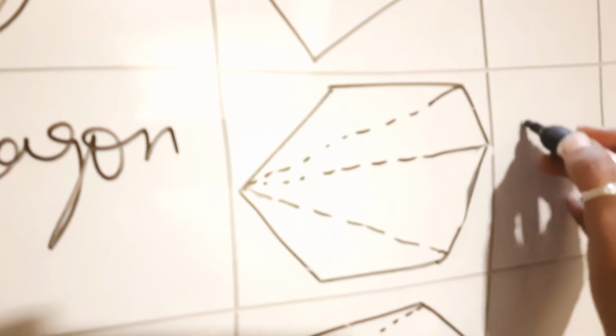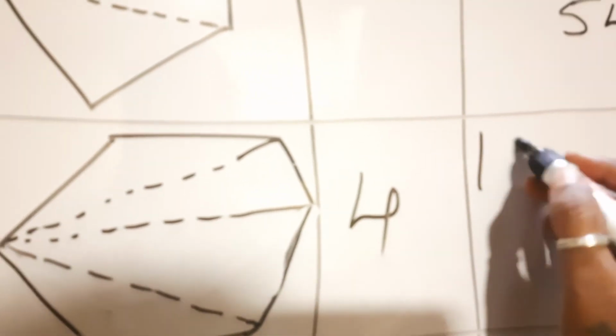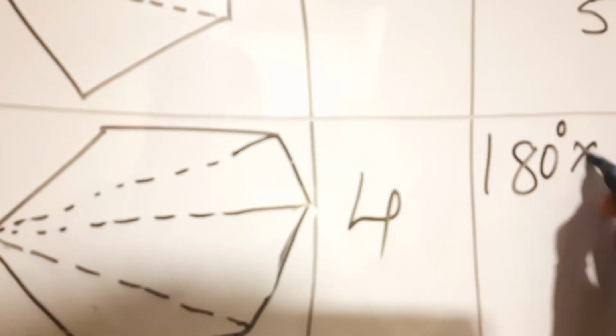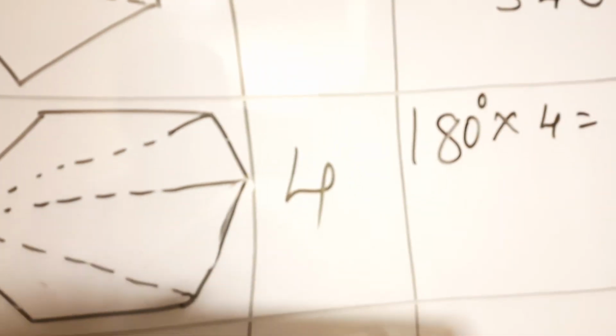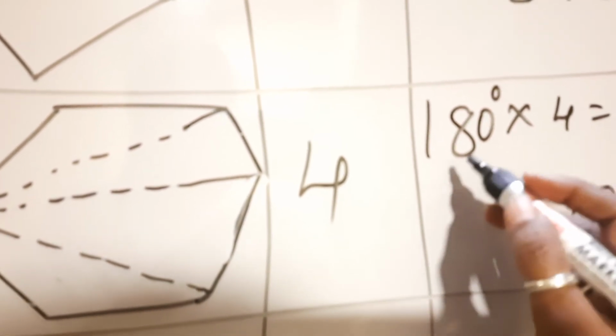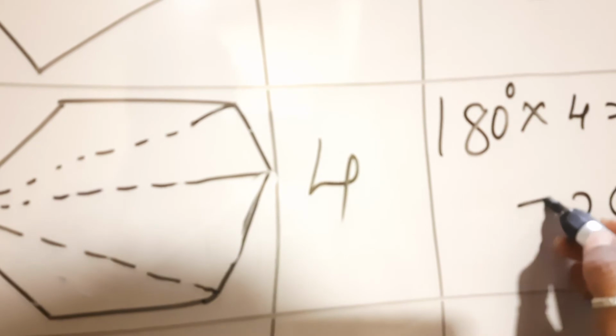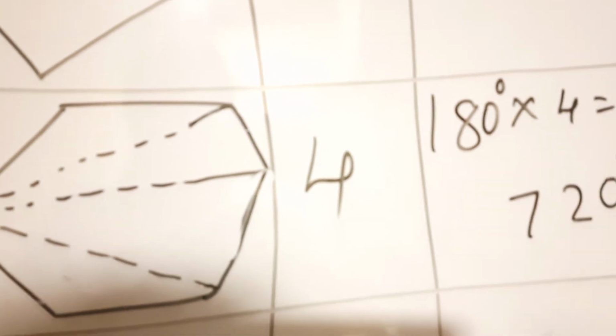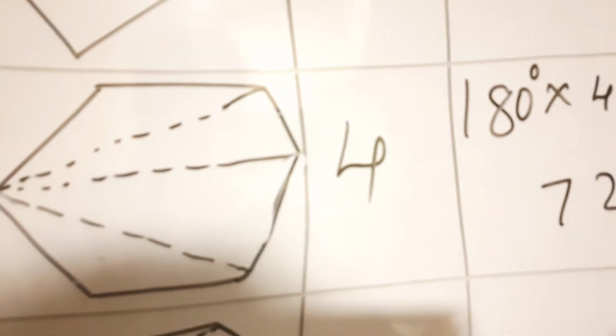So it's making 4 triangles, and that is 180 degrees into 4. 4 zeros are 0, 4 eights are 32, 3 carry, 4 ones are 4, 5, 6, 7. That is 720 degrees.